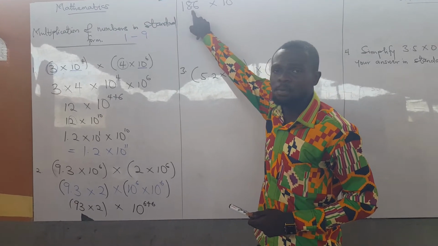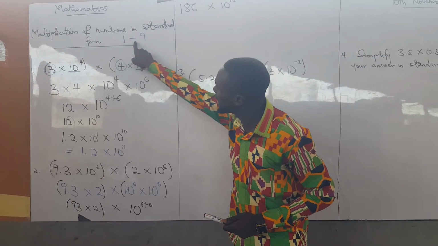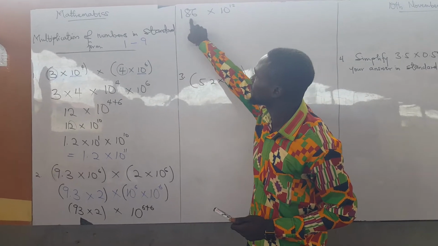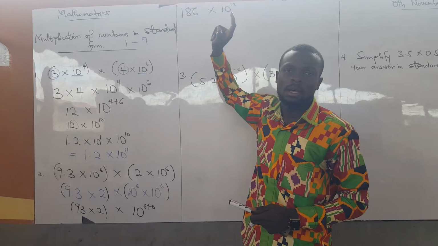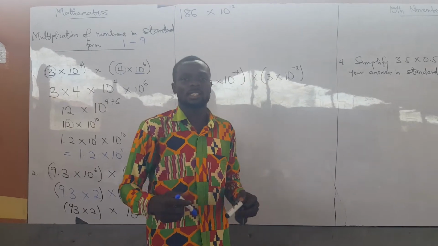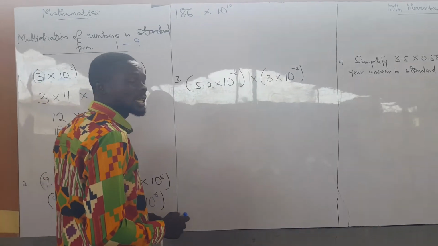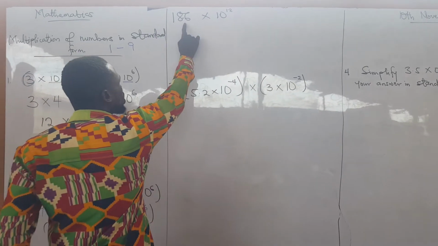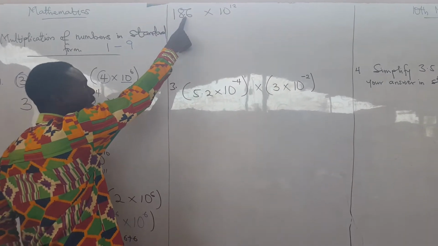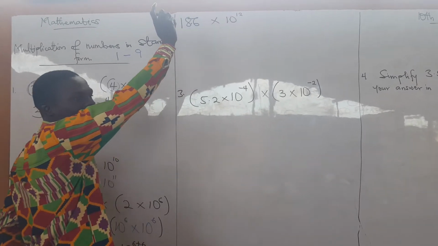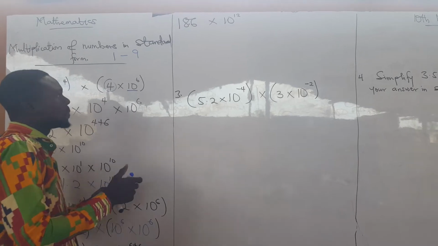But this 18.6 is not within the range 1 to 9. So therefore, something has to be done by changing the 18.6 into standard form. And to change 18.6 into standard form, because there is a decimal point here already, we will not come here. Therefore, we will start from the decimal point.